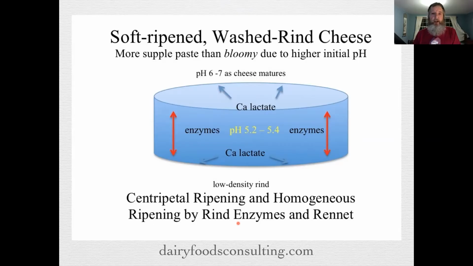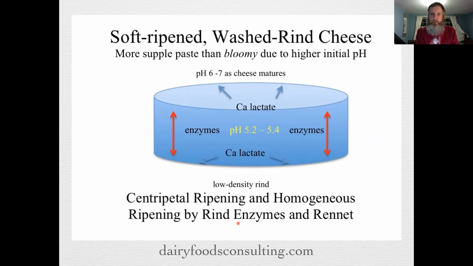But there again, we're focusing this lecture on very high moisture cheeses. So we're not talking about monastery type cheeses that are semi-hard and would have like 40 to 45% moisture. We're talking about these very high moisture, soft ripened washed rind cheeses.